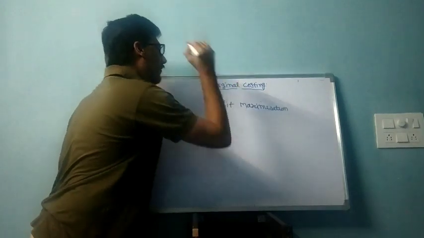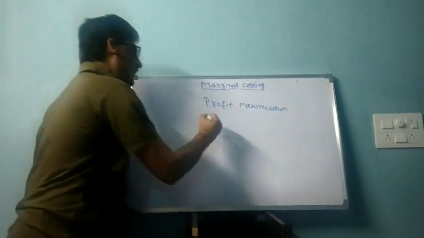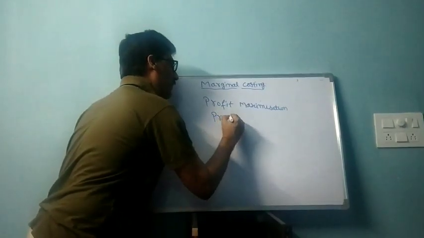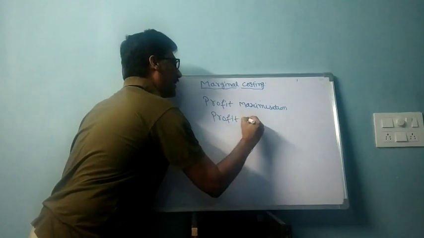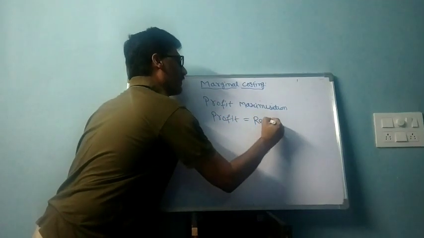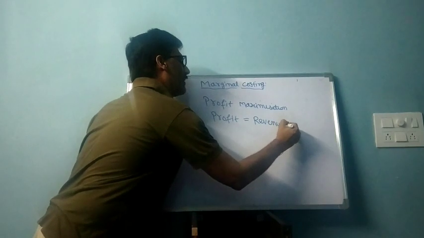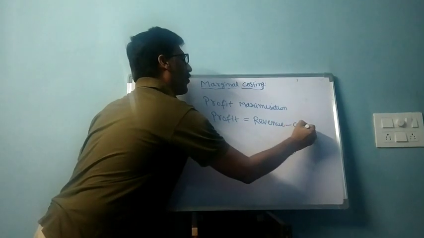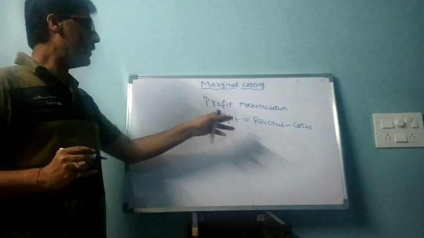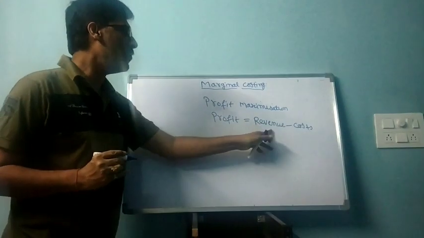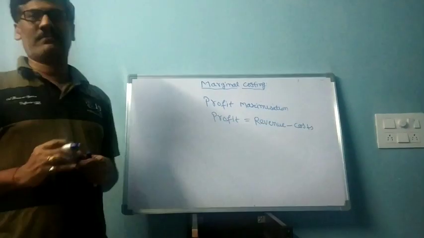What is the equation for getting profit? Profit is nothing but the difference between revenue and cost. If revenue exceeds its cost, if revenue is more than cost, we will get profit.